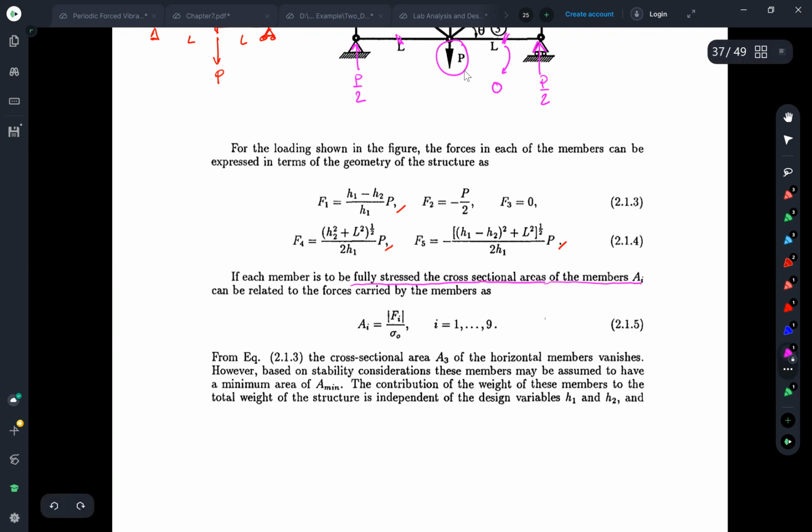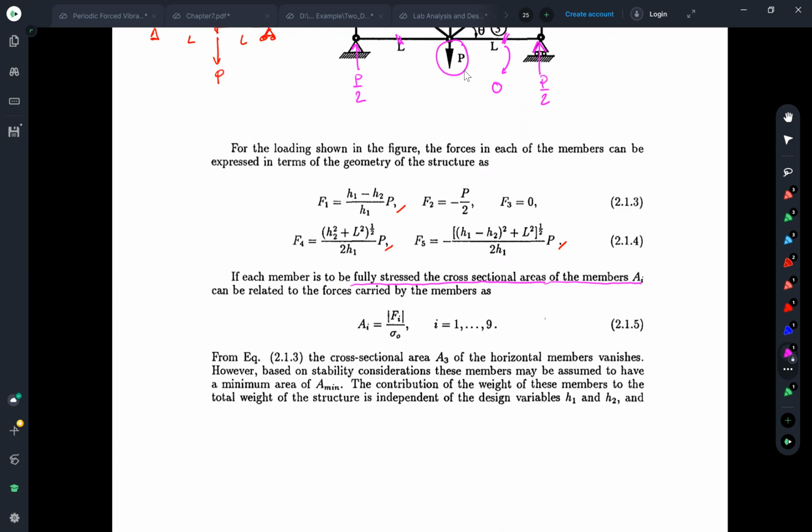And to do so, what I have to do is to divide the force by the allowable stress, the allowable strength provided by the design code for the steel member. And let's assume that in this case, both tension and compression are subjected to the same allowable stress, sigma 0.